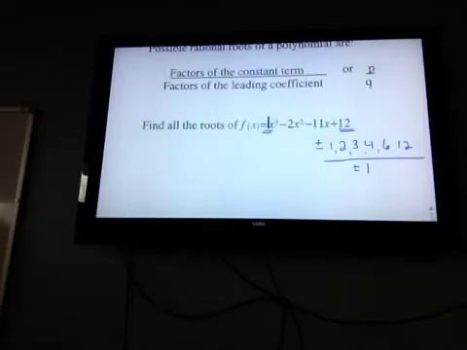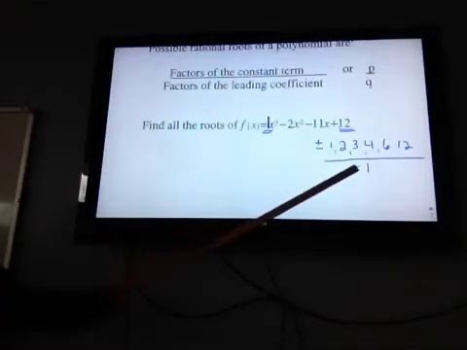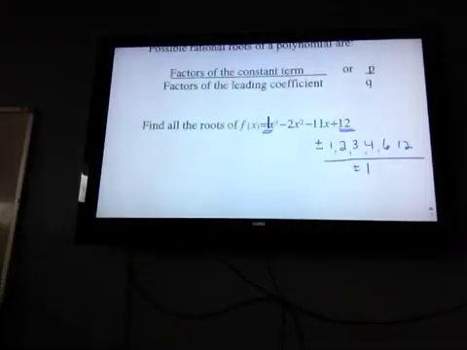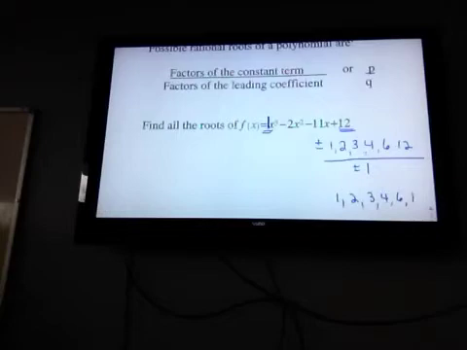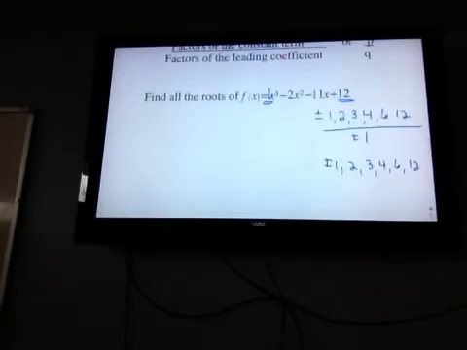So I have 1 over 1, which is 1, 2 over 1, which is 2, 3 over 1, which is 3, 4 over 1, which is 4, 6 over 1, which is 6, 12 over 1, which is 12. The plus or the minus value of all of those. So this means that when I go to do my synthetic division, this is the list I choose from.